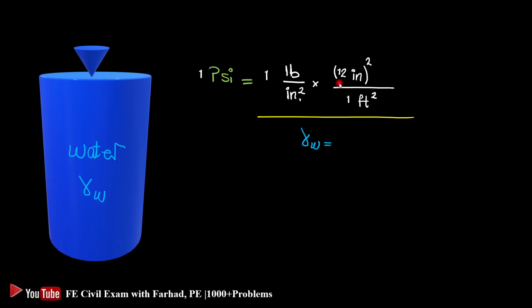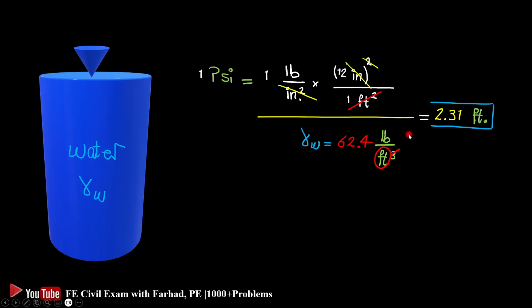Convert it to feet: each 12 inches is 1 foot, and then it's squared. Divide it by gamma of water in US customary units, which is 62.4 pounds per cubic foot. If you cancel out the units, it gives you 1 psi is equal to 2.31 feet of water.